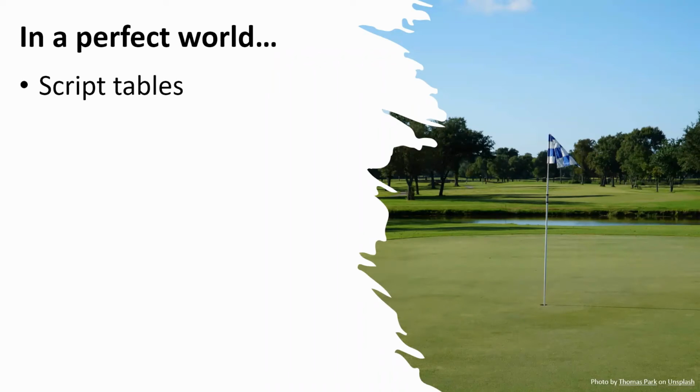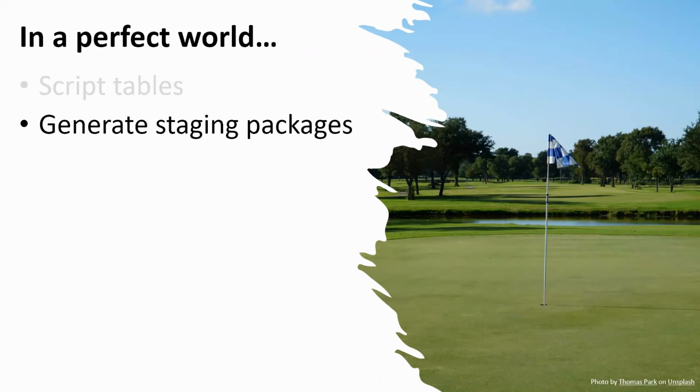I want it to script my tables, so I don't have to continuously create and recreate tables in a manual fashion, or continuously re-script everything. I want it to create my staging tables, or generate them for me. And the reason I care mostly about the staging packages is that's where most of the generic stuff happens, the recreatable logic, the stuff that can be automated.